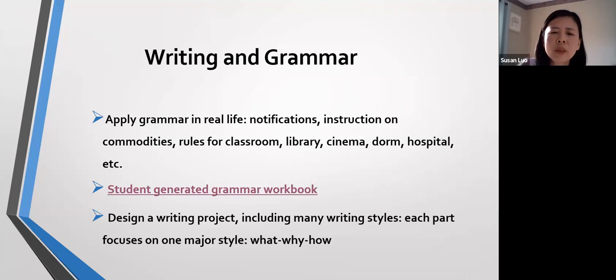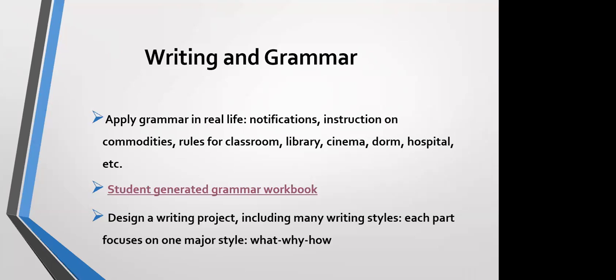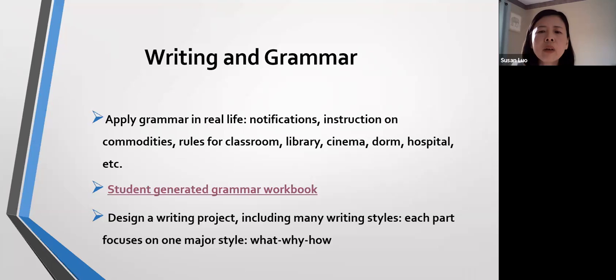For example, the basic one is what, why, how. You can ask students to describe something that bothers them or that they don't like. The next week, ask them to analyze at least one or two reasons why. And in the last week, ask them to raise some suggestions on how to solve the problem.